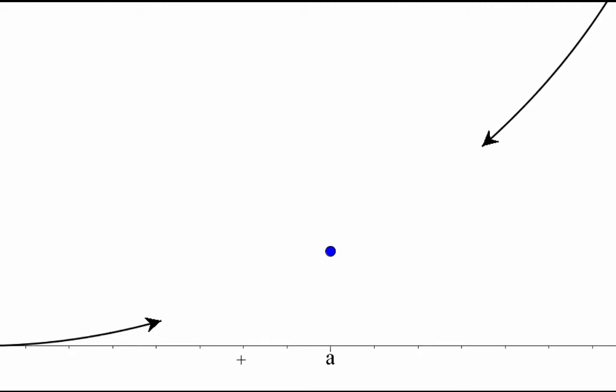Here is a picture that will make the concept even clearer. Here is the x-axis. There's a point that moves towards A from this direction, and there's going to be another point x that will move towards A in this direction, and on this axis I have plotted f of x.